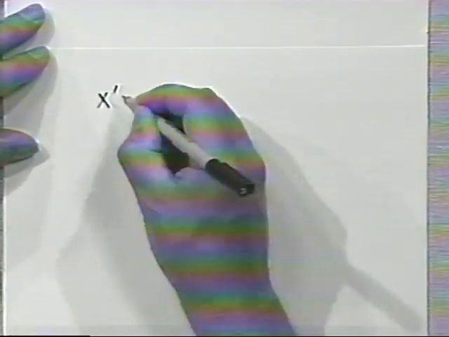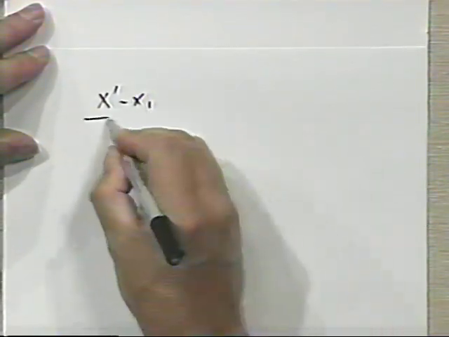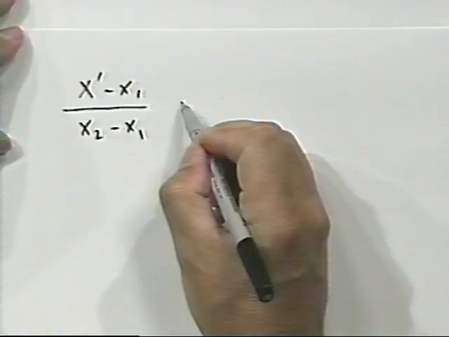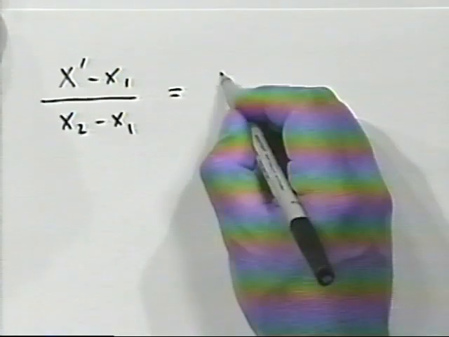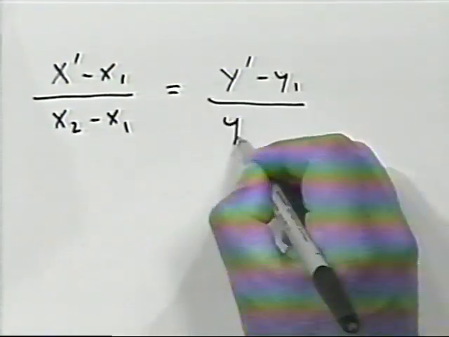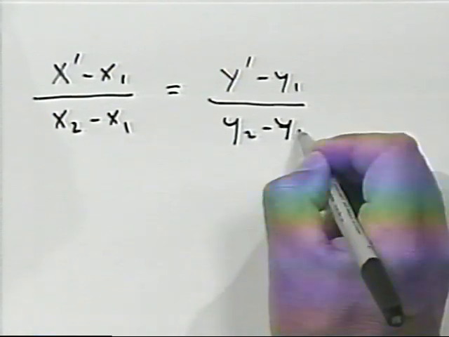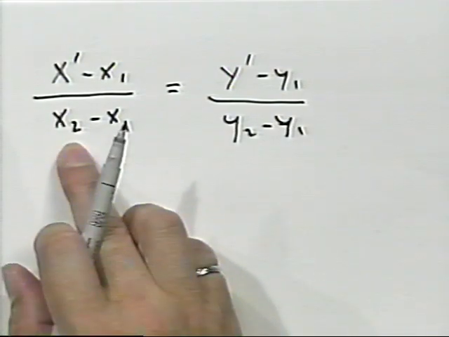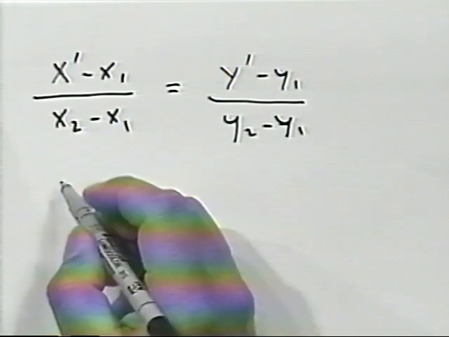So what we can say then is that the ratio between the distances for the dependent variable and the independent variable are the same. So x prime minus x1 over x2 minus x1, that's the ratio for the independent variable, is going to be the same as the ratio for the dependent variable, y prime minus y1 over y2 minus y1. Simplifying this, we can take the denominator from the left-hand side and move it over to the right-hand side.